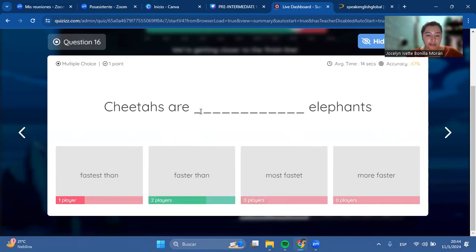Cheetahs are faster than elephants. Okay, so faster than, because we have here elephants and we have here another animal. In this case, this is wrong because we need to say, for example, cheetahs are the fastest animals in the world, maybe.